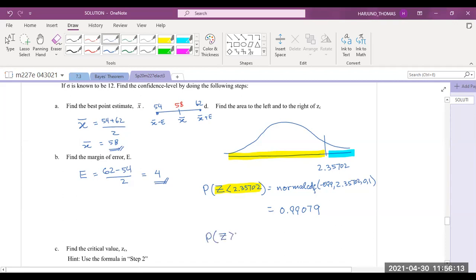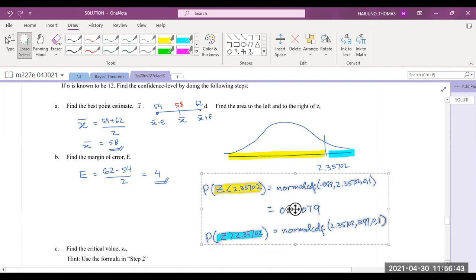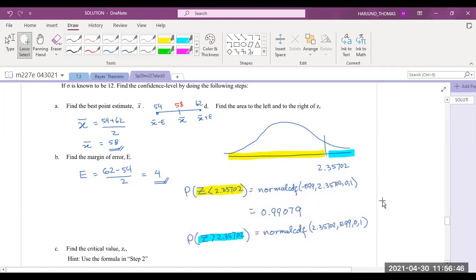Probability Z is greater than that. That will be normal CDF 2.35702, E99. Let me move that a little bit to the left. That will be 0.00921.